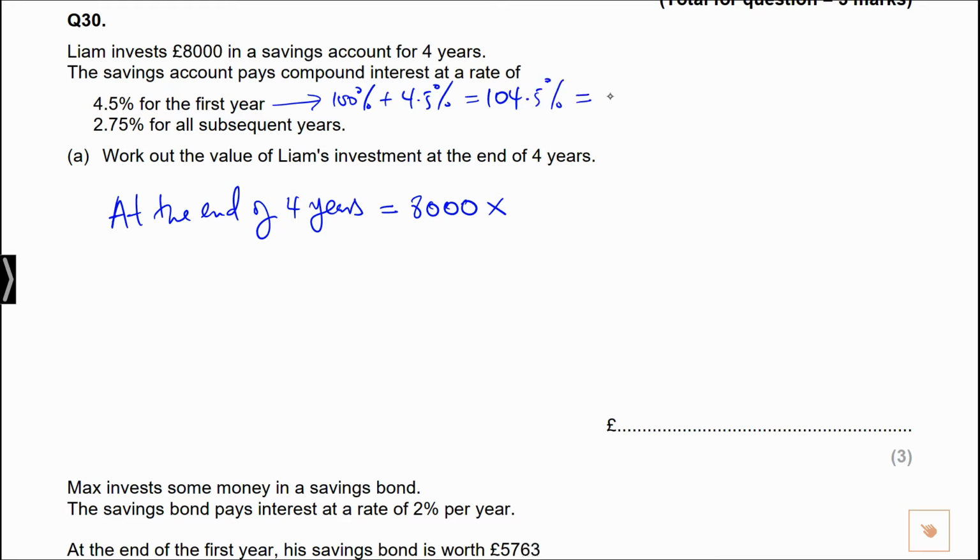And if you convert this to a decimal, that will be 1.045. So this is what you call the multiplier.